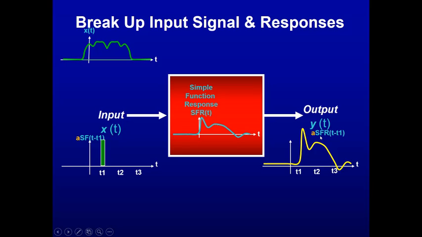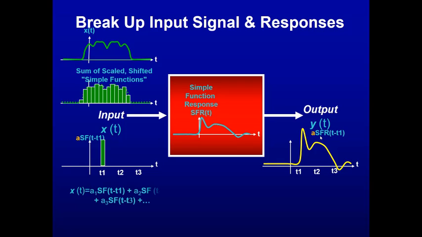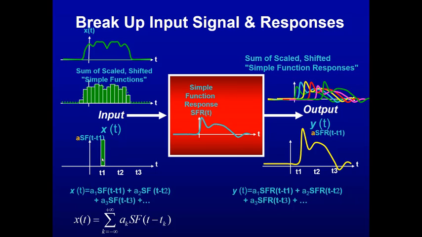So if I can take an even more complicated signal and describe it as a sum of scaled and shifted simple functions, and I know the response of the system to one of these simple functions, linearity and time invariance let me make this conclusion: the output's going to be nothing more than a sum of equally weighted, equally shifted simple function responses.